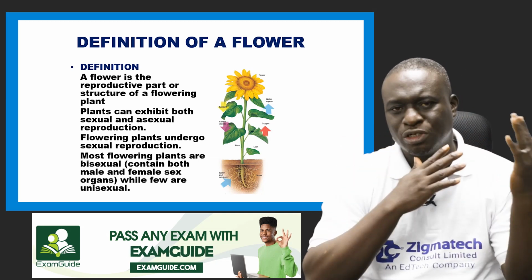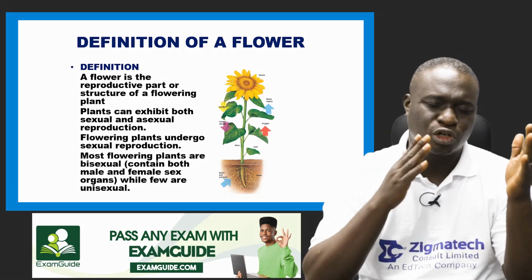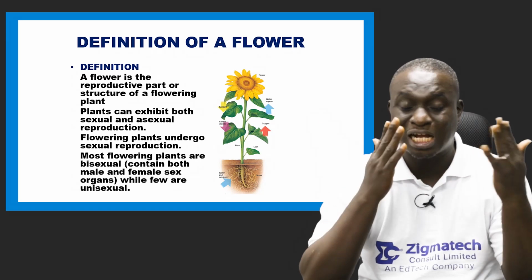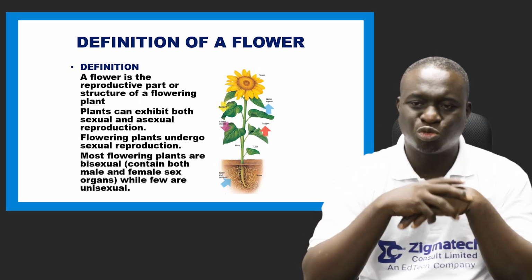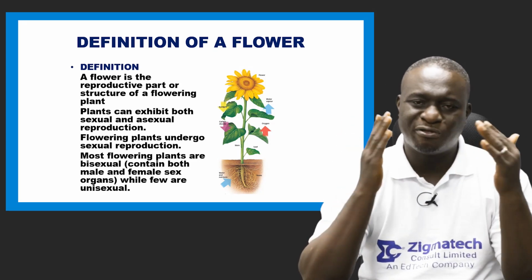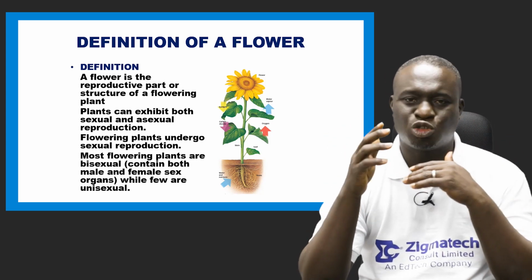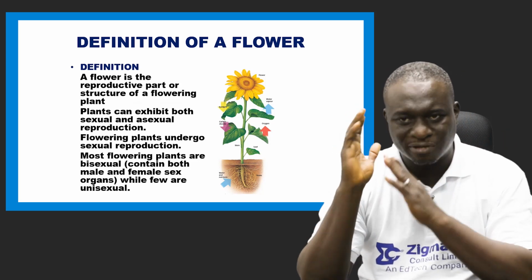If you remember when we talked about reproduction in mammals, I mentioned bisexual and unisexual. As the name implies, bisexual means they have both male and female sex organs, and unisexual means it has just a male or a female.